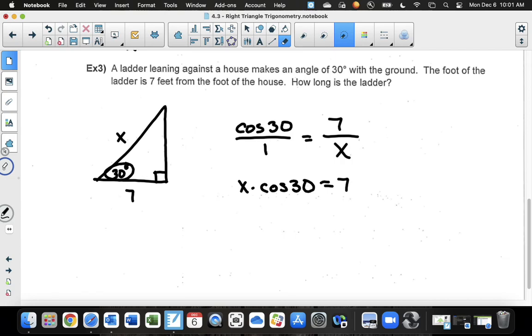If you're multiplying by something, you got to divide it out. Okay? In the problem, you're just doing the opposite of what's being done to the variable. So we're multiplying by the cosine of 30 in the problem, so we divide. And you should get an answer of approximately 8 point, what was it? 08? Okay.